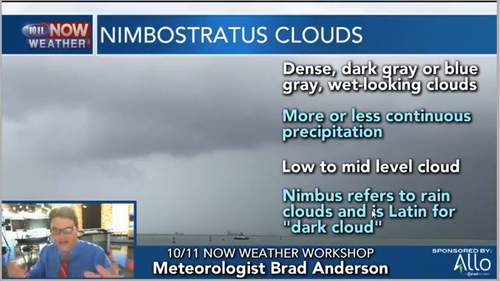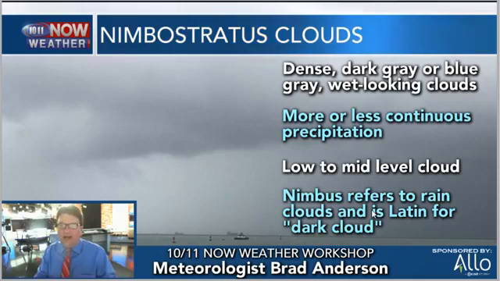So basically a lot of these clouds were named a long time ago using Latin, because we have different languages all over the world, but a lot of the scientists back in the day all knew Latin. So it was trying to use a language that everyone could understand around the world in terms of the scientific names, scientific processes, and of course the clouds. So hopefully that answered your question. Most of these things are named in Latin.